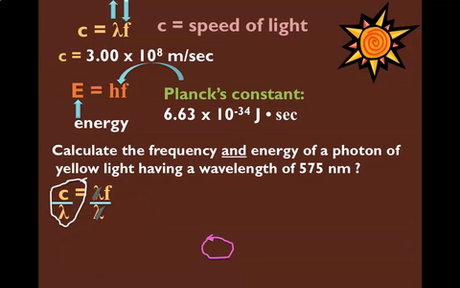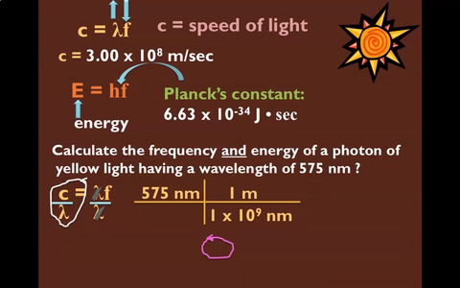So I'm going to do the speed of light divided by that wavelength. Now, the wavelength in this equation has to be in meters. So I'm just going to divide it, because I know for every 1 meter there's 1 times 10 to the 9th nanometers. So I'm going to divide 575 by 1 times 10 to the 9th, and that gives me 5.75 times 10 to the negative 7th meters, which is what the unit has to be for this equation. And the nanometers cancel.